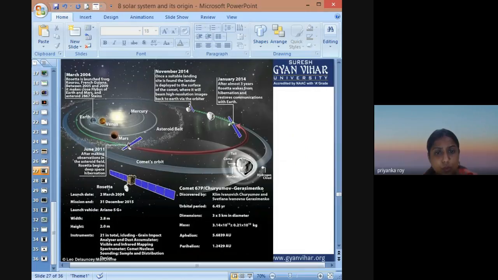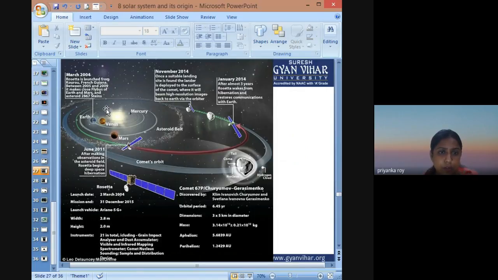If you see here, Rosetta was launched in 2004. Then a more suitable landing site was found in the process. This is the trajectory of how it escaped from Earth.